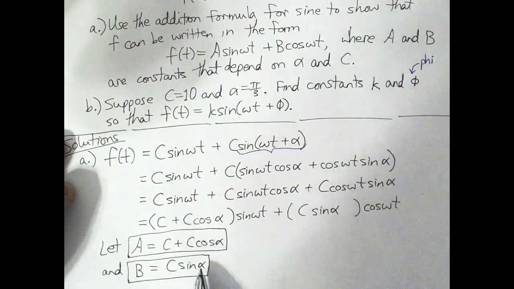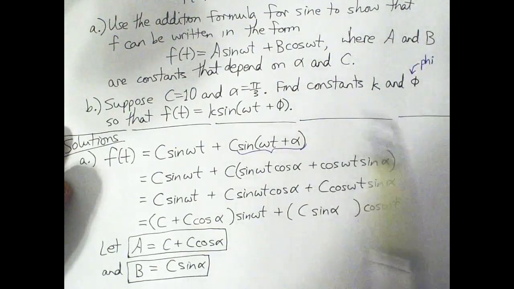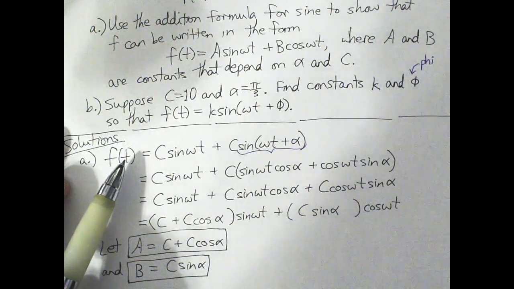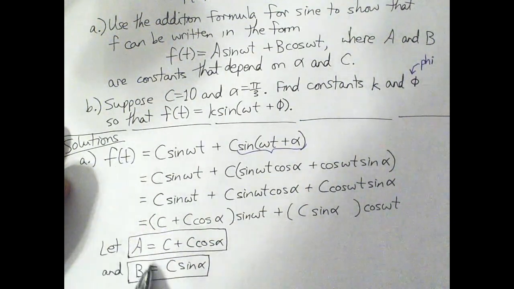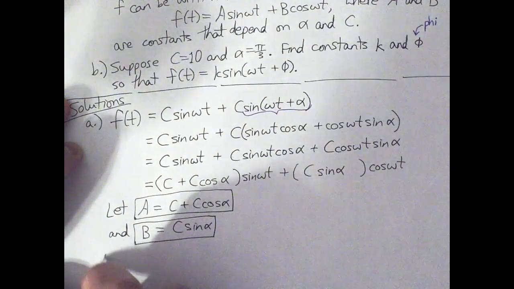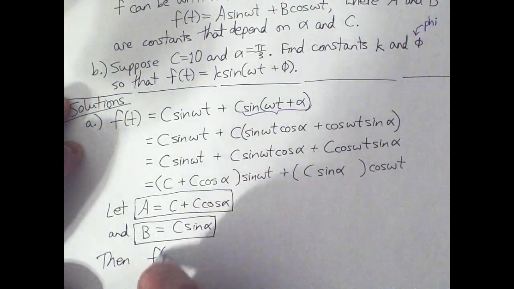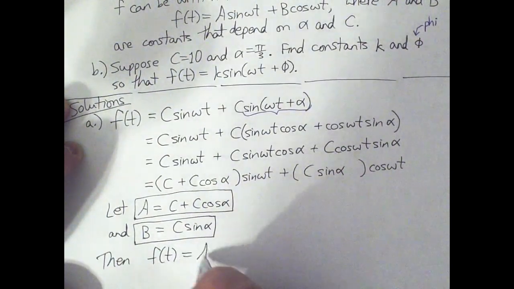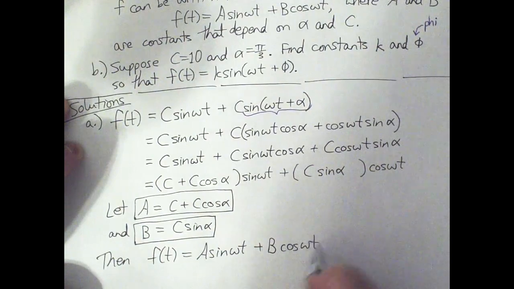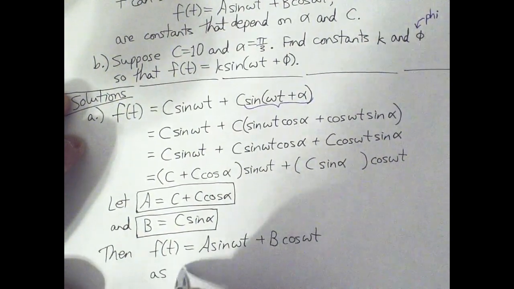B is something that depends on alpha and c. The only variable in this whole thing is t. Right? And A and B do not involve t, so A and B are constants. I'll even just write to summarize, then f of t does equal A sine omega t plus B cosine omega t, as shown above.